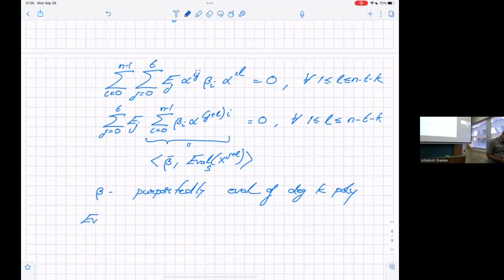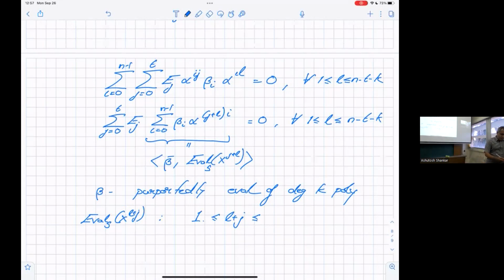What is L plus J? More precisely, what is the lower bound of L plus J? L can be as low as 1, J can be as low as 0. Therefore, L plus J is certainly at least 1. And what's the highest value it can be?